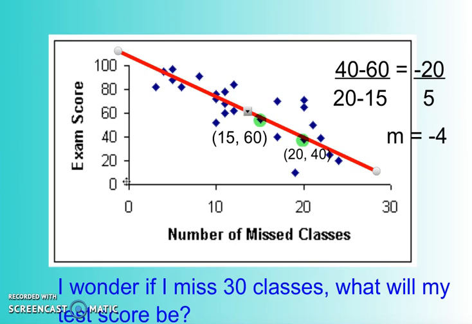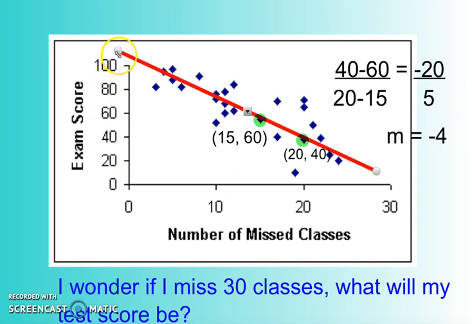Maybe 15 or more. Since this is a scatter plot, and we are estimating the exam score based on, you know, 30 missed classes, this is not a line that has a constant rate of change. This is a line of best fit, one that we created. So we are just estimating about where the line crosses the y-axis.